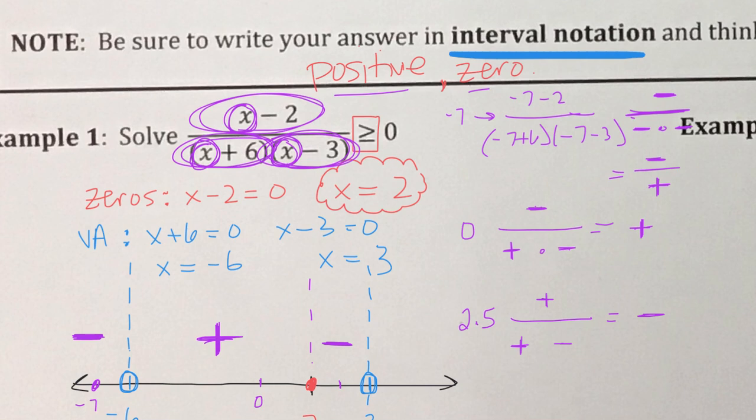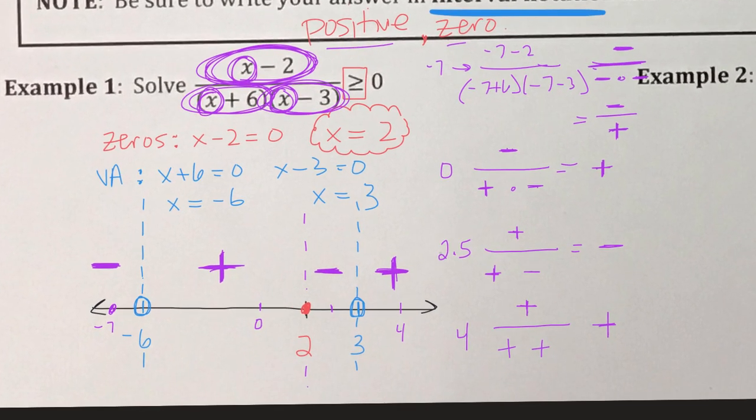And then anything bigger than 3, we have, let's see, 4 minus 2 is a positive. 4 plus 6 is a positive. 4 minus 3 is a positive. Anything bigger than 3 is positive. So this is us doing our sign evaluation. We are finding out whether we have positive intervals or negative intervals.